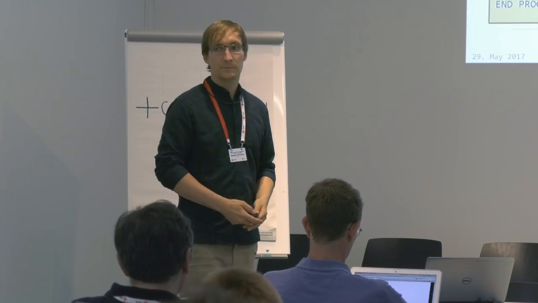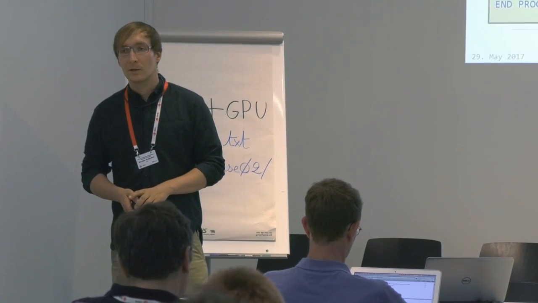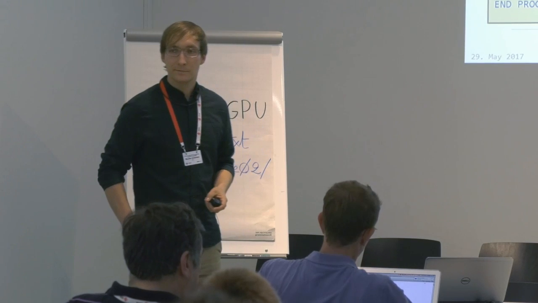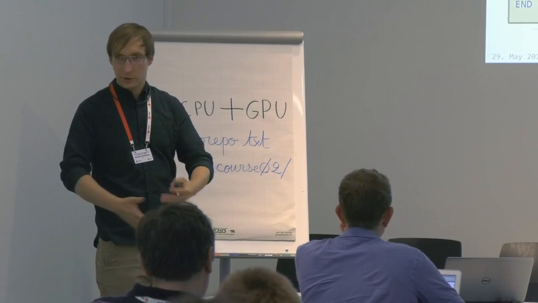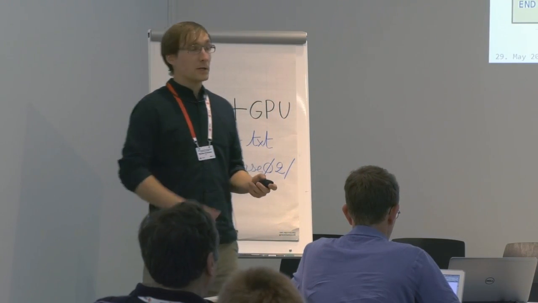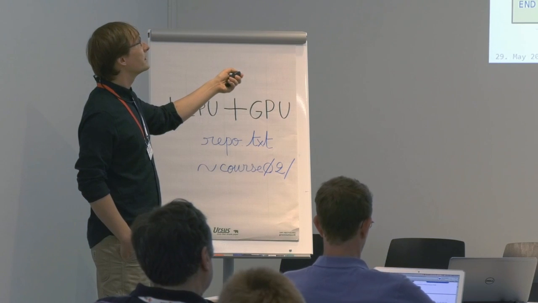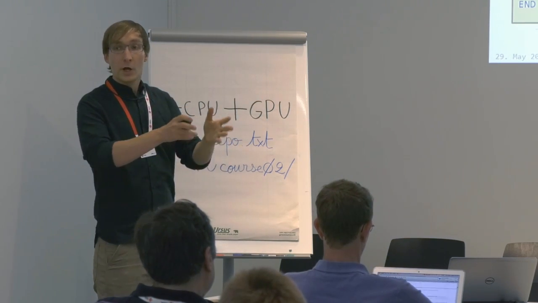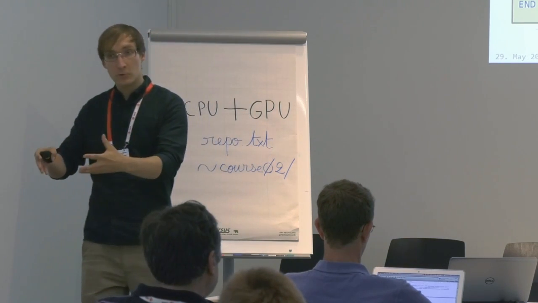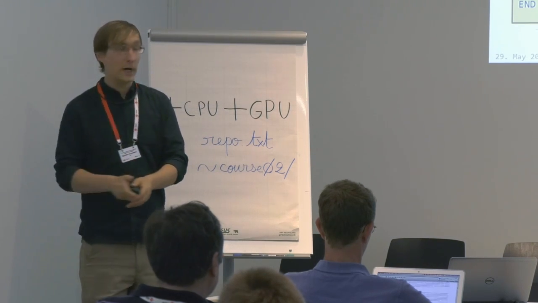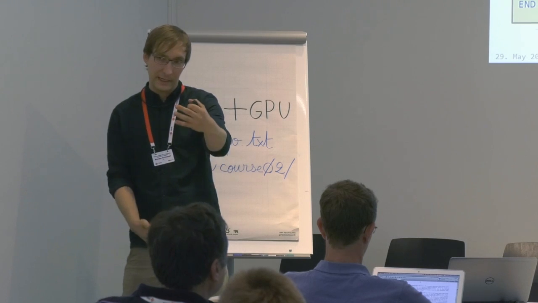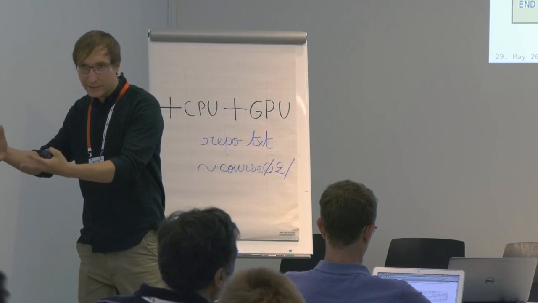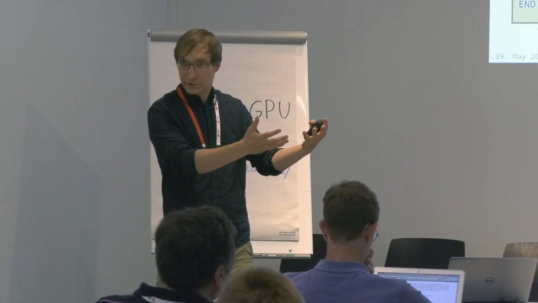I see. But could you explain what's happening here? So we have somewhere array A, which was on the CPU. As usual, you define and allocate your arrays on the CPU. Then within the first statement here, you define that you need memory allocated on the GPU, and with the from statement, you also specify that at the end of this data region, you need the values of this array back on your CPU.